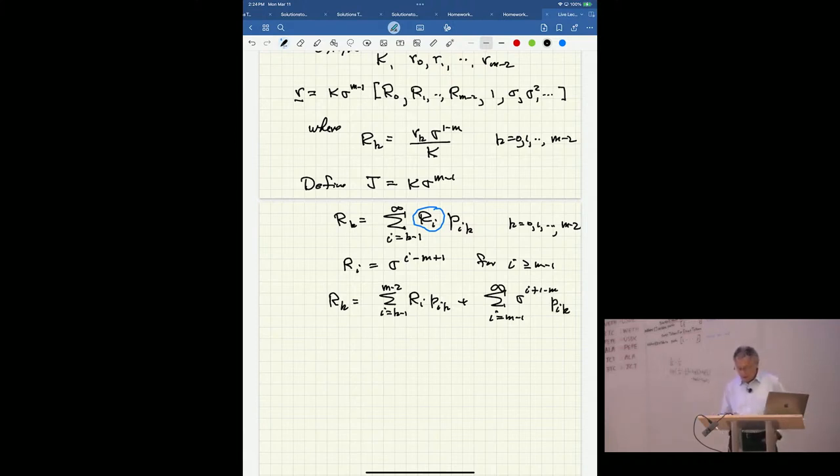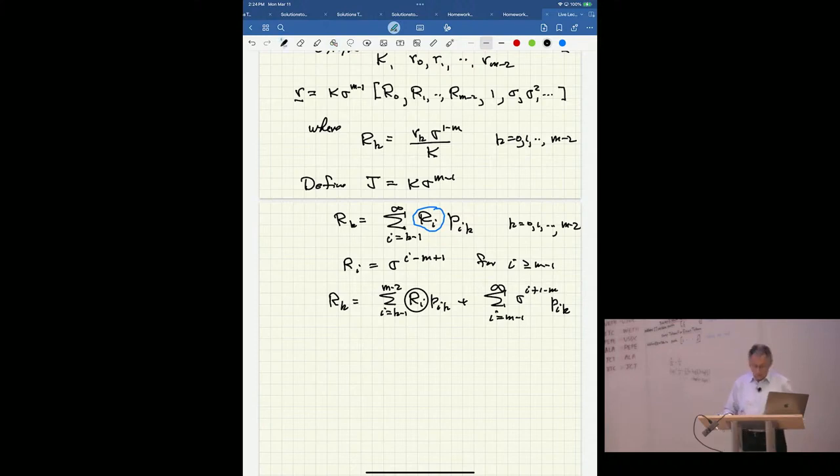Now let's solve this thing for the lowest r sub i that exists. What value of i gives me the lowest index on these unknown r's? Again, these are the ones I don't know. I'm looking for this set now. What are the ones I don't know?